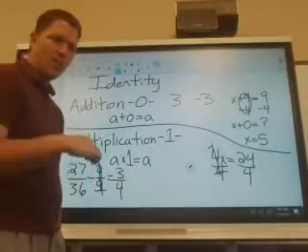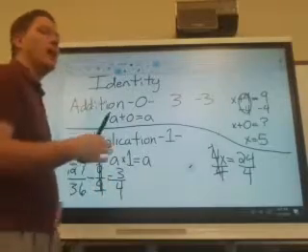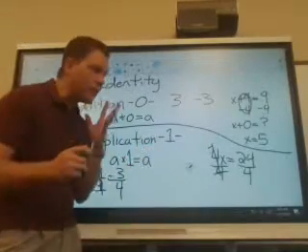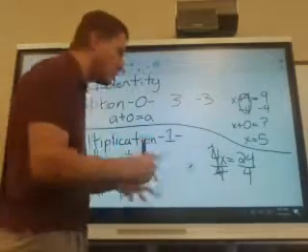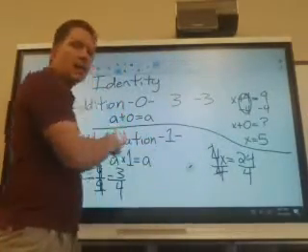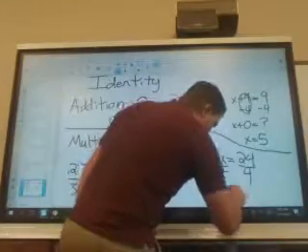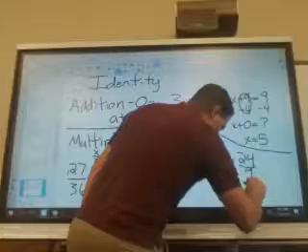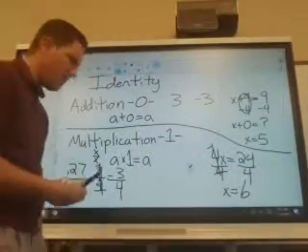I don't have to write a 1 next to all my x's, it's just x. And that's my goal, is to get x all by itself. It really has a whole bunch of zeros and ones all around it doing different things, but it's the identity, so we don't have to write them anymore, okay? So that's how I get these things and can actually solve out algebraic problems, okay?